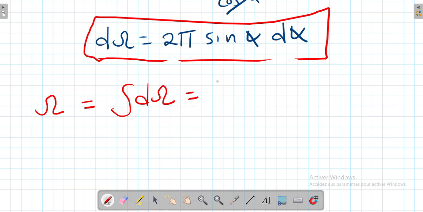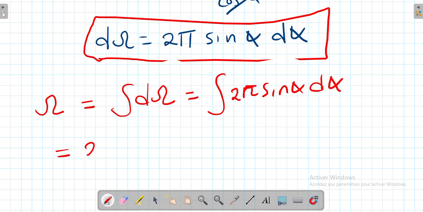So we're going to proceed and put in the expression of d omega, which is 2 pi sine alpha d alpha. Now I'm going to remind you as well, with the rules of integration, if you've got a constant, you can take it outside. 2 pi, then the integral of sine alpha d alpha. Now this integral has to have bounds.